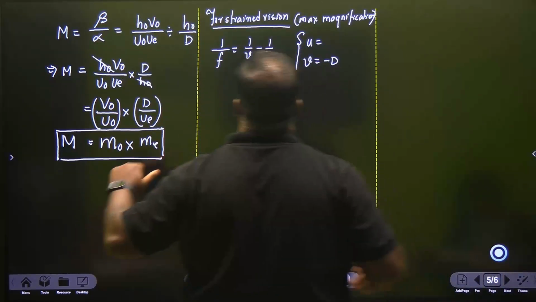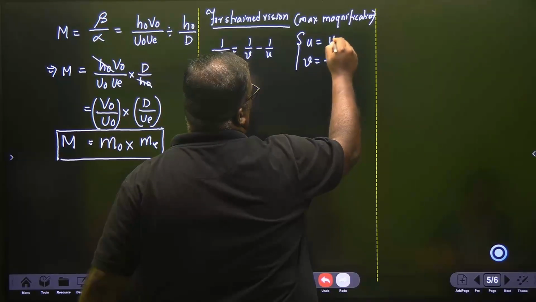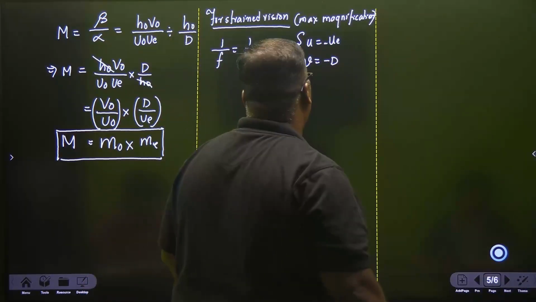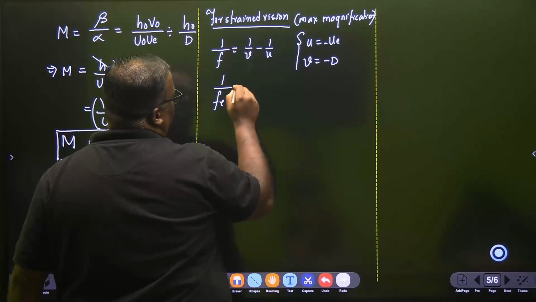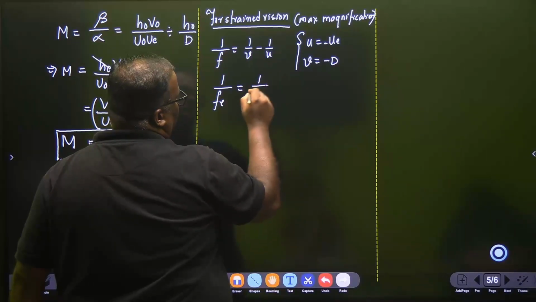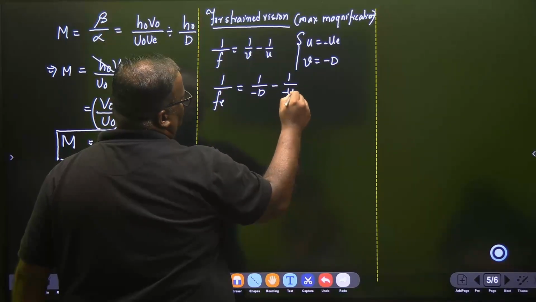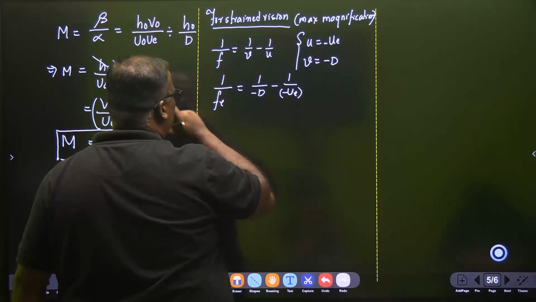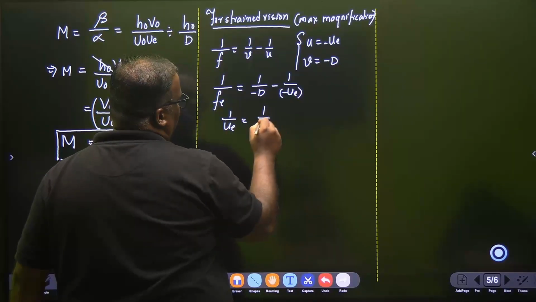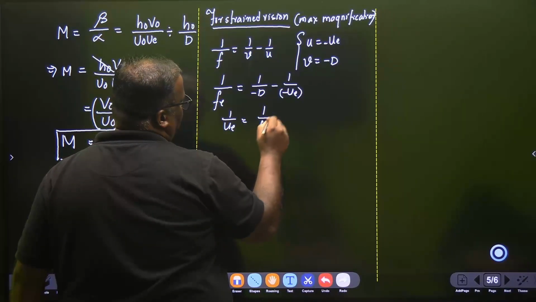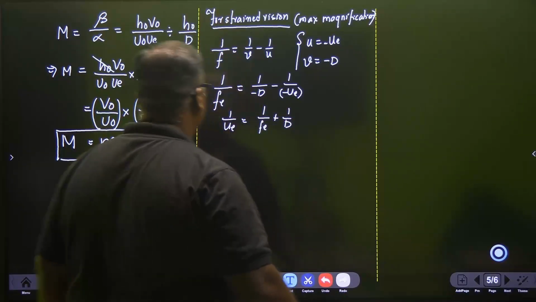So for strained vision, U will be negative UE, right? So my equation now becomes 1 by FE is equal to 1 by negative D minus 1 by negative UE. So it gives me again 1 by UE is equal to 1 by FE plus 1 by D. Correct?